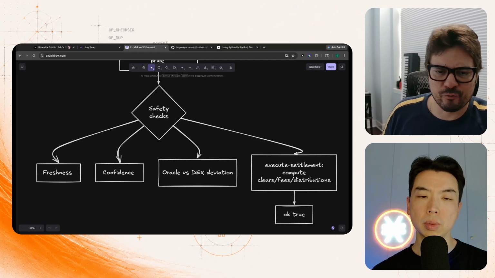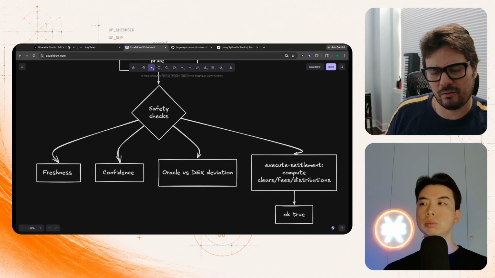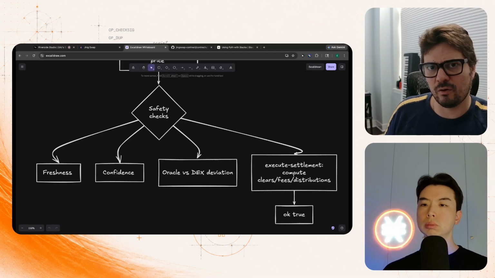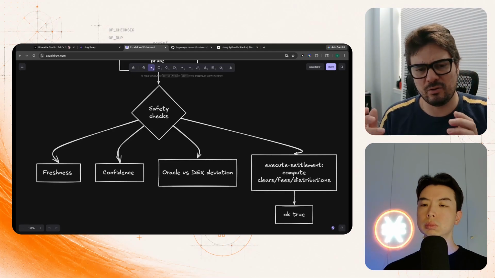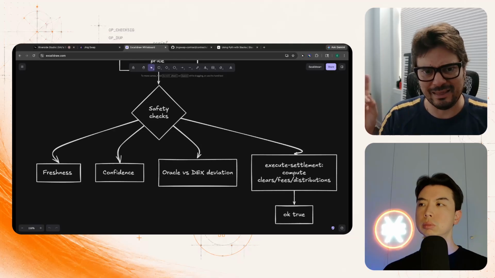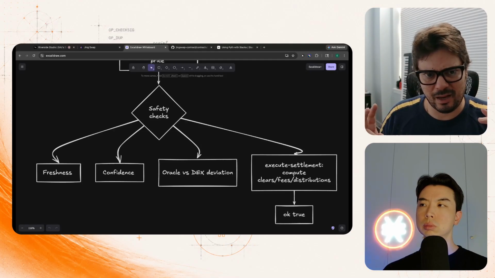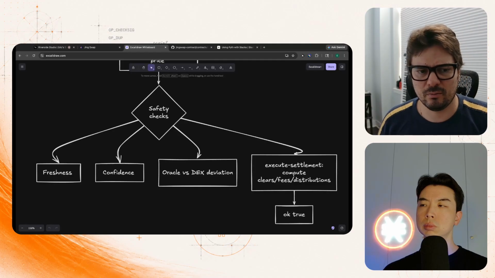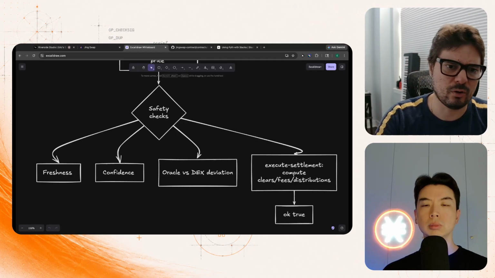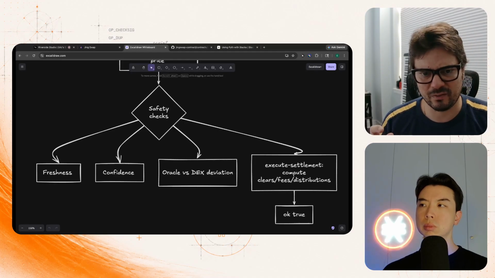In V3, we've replaced this deviation check with a limit price for a user. That's an even stronger guarantee for the user. In the moment they deposit the asset, they also set a limit price, which is the maximum price they are willing to settle at. The Oracle and the mechanism check whether that limit price is violated.